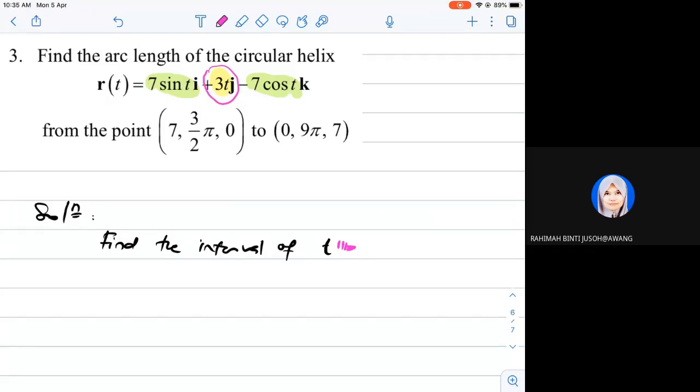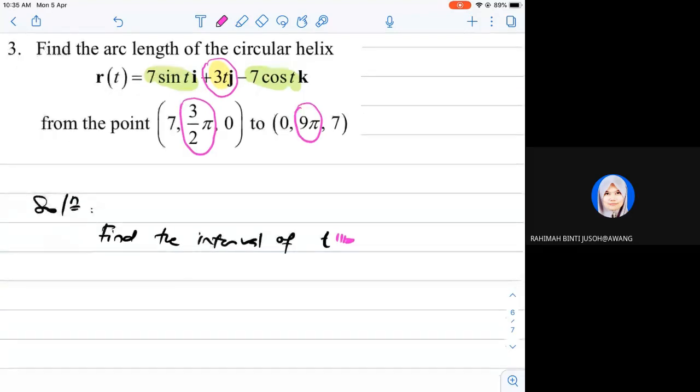So when we consider the 3t, of course we need to refer to coordinate y lah. So we need to refer to 3 pi over 2 dengan yang kat sini 9 pi ni. Sebab kita decide kita nak pakai function y. Okay, so kita kena tengok koordinat pada paksi y lah.